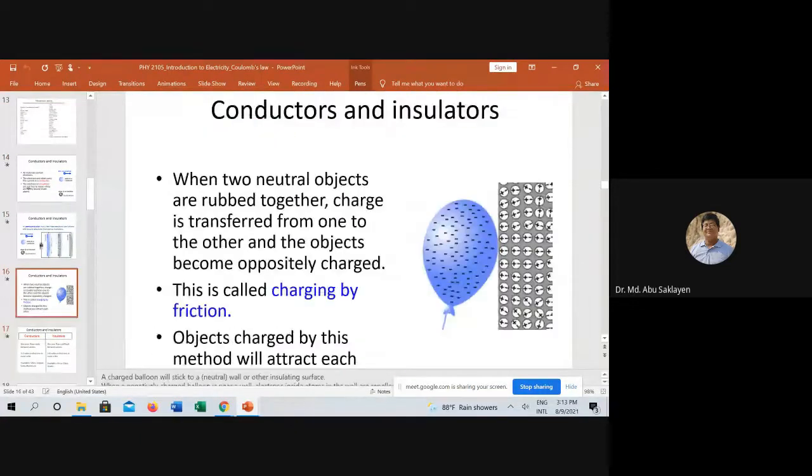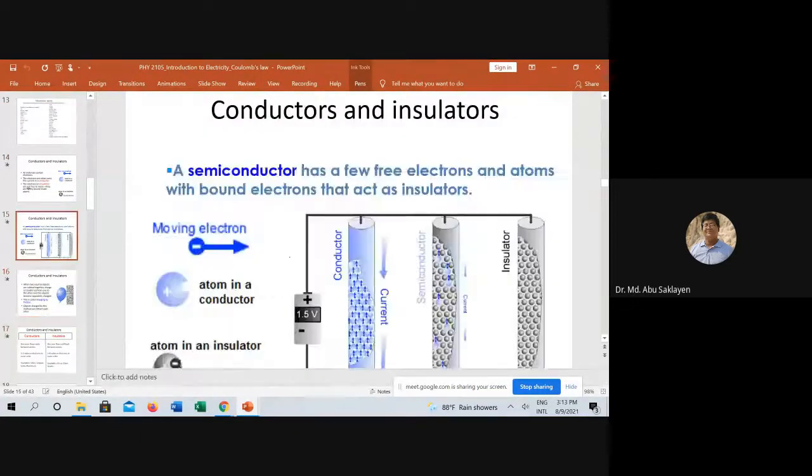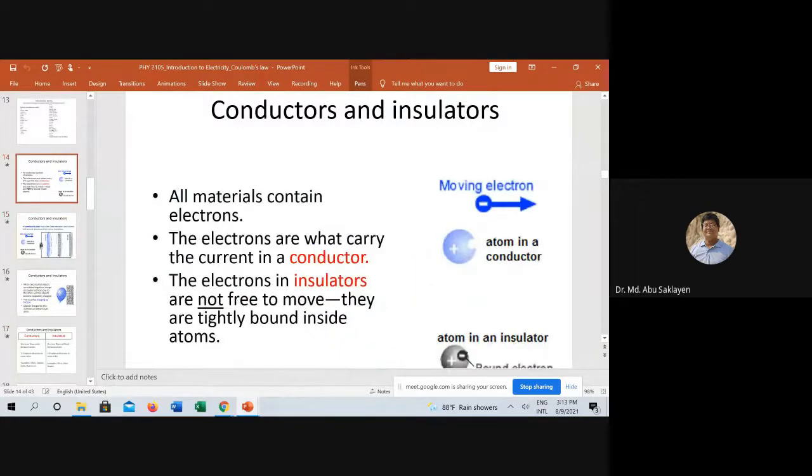Do you have any idea? Of course you have an idea: conductor and insulator. Conductors are those materials that can conduct electricity, can pass electricity.